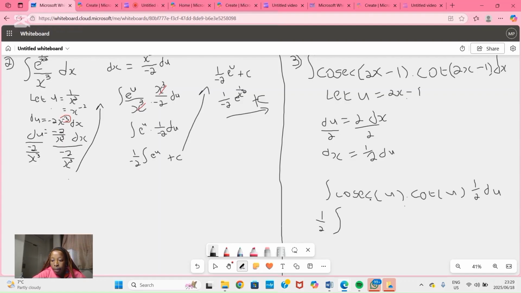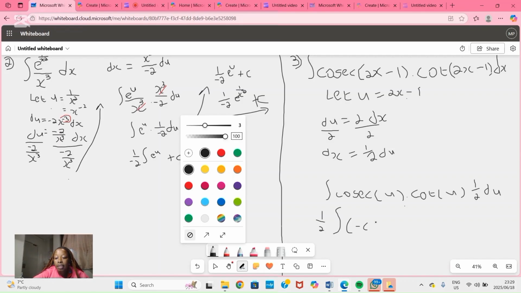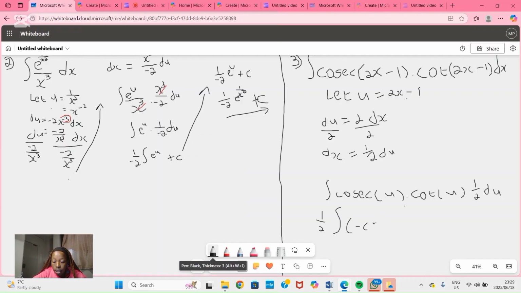Integrating cosec multiplied by cot, it changes into negative cosec. Negative cosec of u.